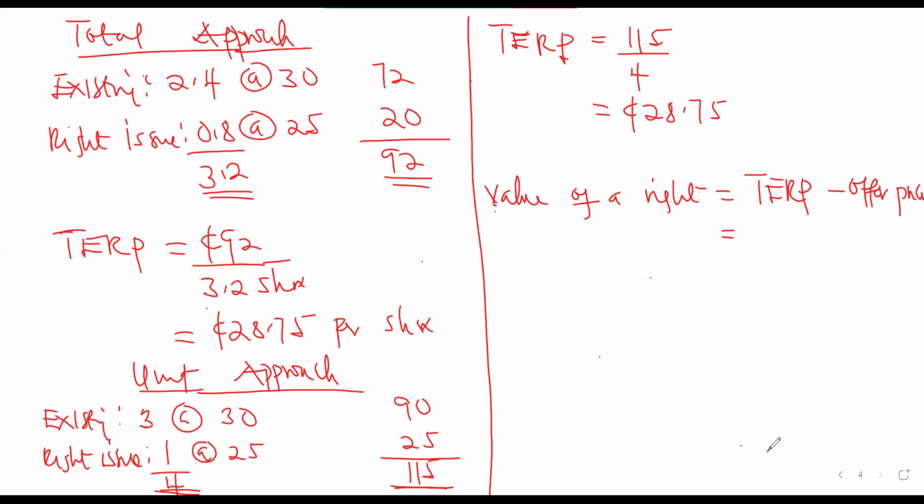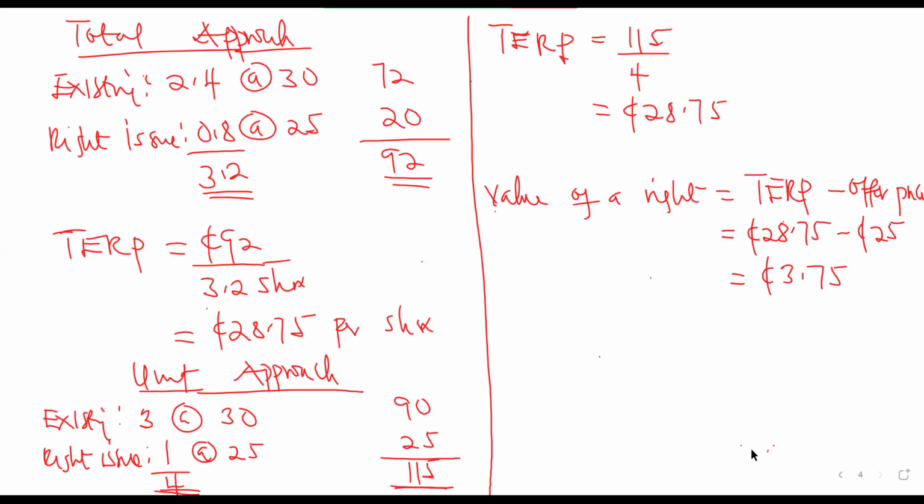If you want to sell it, you sell it to somebody at 28.75, but you have purchased this particular item at 25. It means that I'm going to be making a gain of 3.75. That's what we call the value of a right. So you'll have 3.75 per share. If you are selling a right, it's per share. That is 3.75.